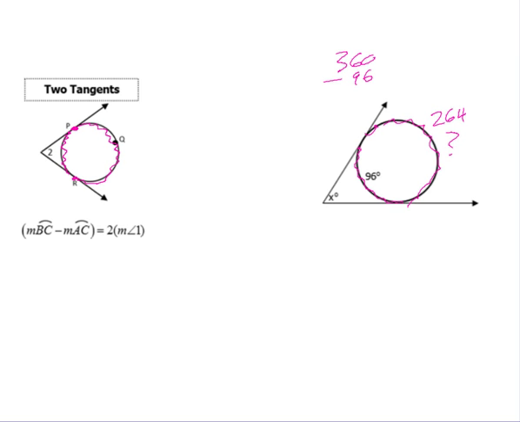So now when I set this up, I'm going to do 264 minus 96 equals 2 times the angle. Arc minus arc equals 2 times the angle. When I subtract here, I get 168 is equal to 2x. Then when I divide both sides by 2, I get x is equal to 84 degrees.